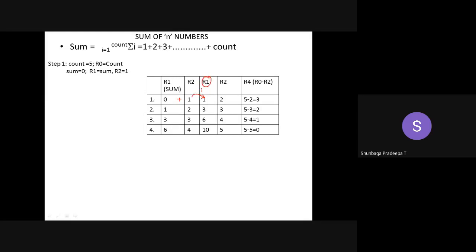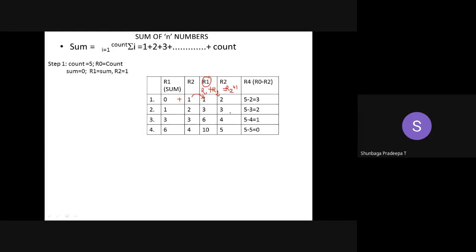Next R2 is incremented by 1 and stored back in R2 itself. We check the difference and see that 3 more numbers are to be added. In the next iteration R2 is 2, so these two are added and the result is available, and R2 is incremented. So you have added 0 plus 1 plus 2.